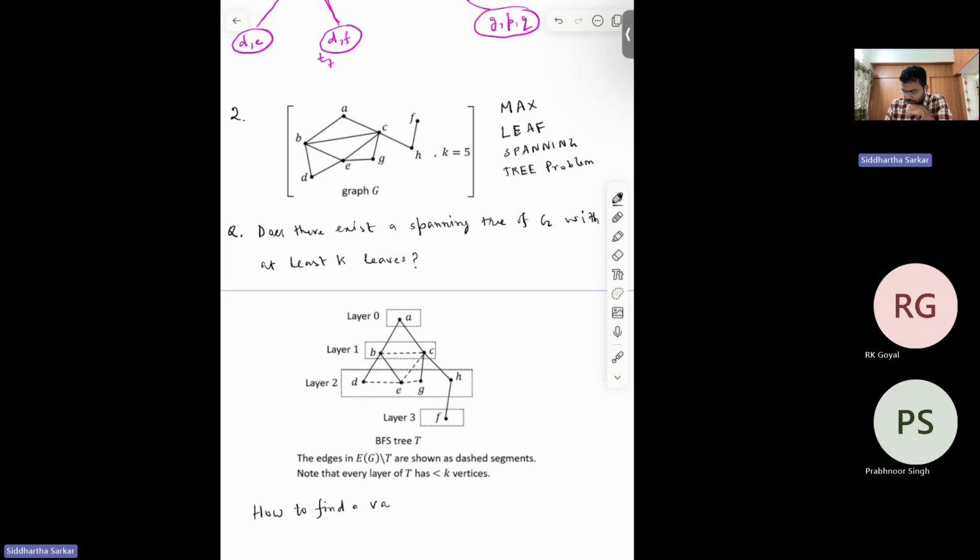I'll write TD for short, of G of width at most 2k minus 1. So that is a challenge.